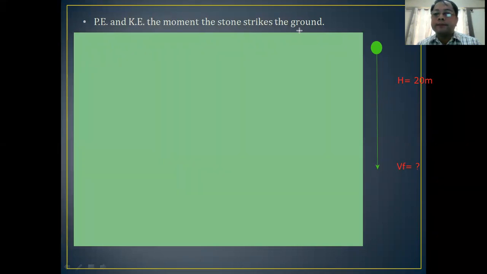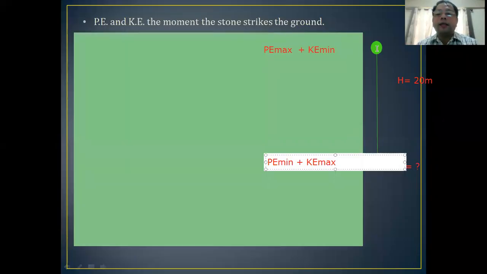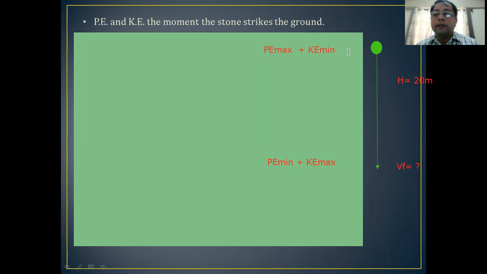So again, we relate the expression to the total energy at the top and the total energy at the bottom. The PE maximum at the top added together with the KE minimum at the top will be equivalent to the one below. However, the minimum values can simply be considered equivalent to zero. If the object has no velocity, this one will be equal to zero.